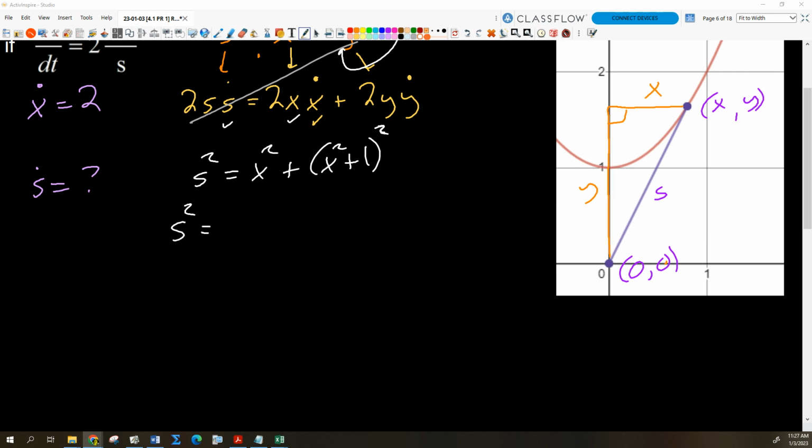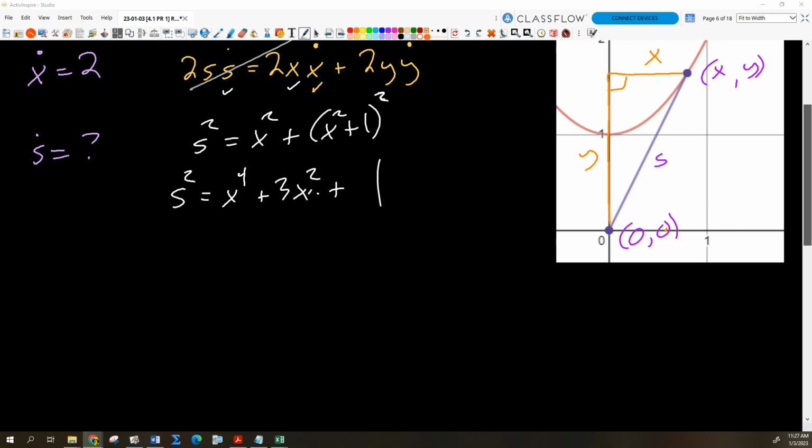Okay, so let's clean that up a little bit first. If I square this out, what am I going to get? x to the fourth, so that's going to be my first term, plus 2x squared, which I'll add another x squared to that and get 3x squared, plus 1. Good? Way better.